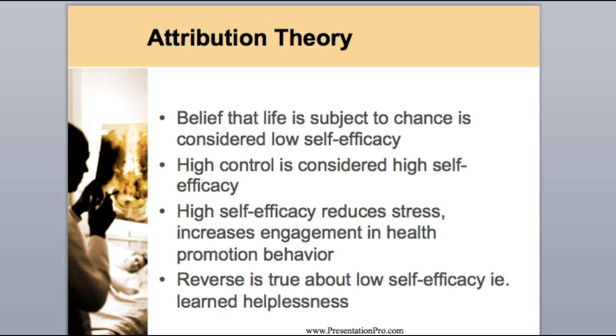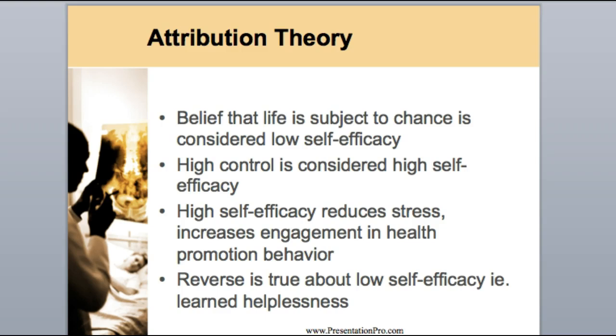Also, in attribution theory there's a belief that life is subject to chance, which is considered low self-efficacy. So when you're considering someone who doesn't feel like they have control over what is going on with them, be it a health diagnosis, they will use lines or say statements such as, it was going to happen anyway, or it was a bad roll of the dice, is what has occurred to me.